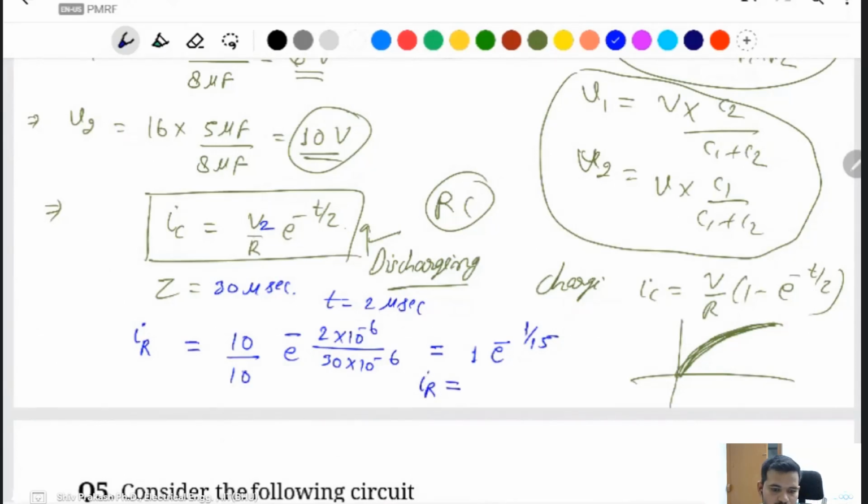You can solve this in a calculator. So it will be 0.935 ampere.